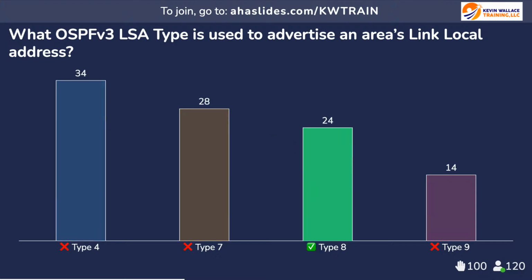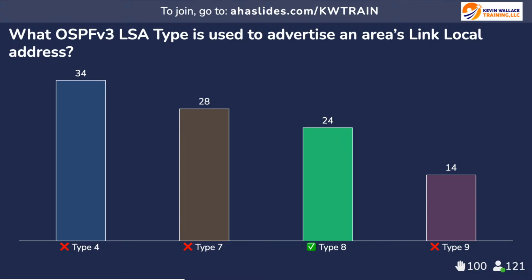All right, our time is up, and another tough one. Lots of varied answers across the board, almost balanced. So with OSPF version 3, we have a couple of new LSA types as opposed to those seen with OSPF version 2. And specifically, we have OSPF LSA type 8 and type 9 LSAs.